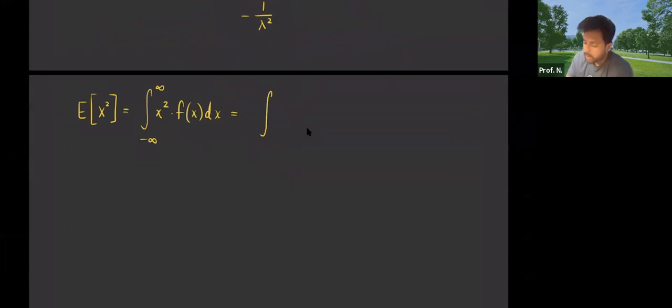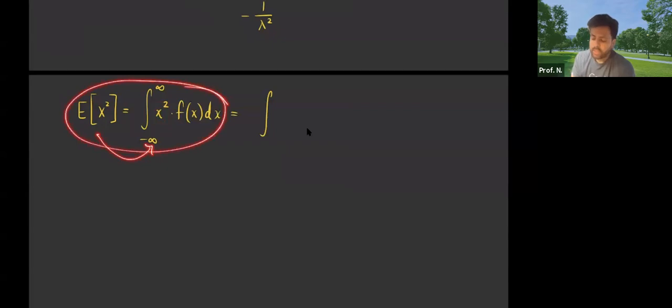Well, there's nothing at negative infinity, right? The way f of x is defined, x has to be greater than or equal to 0. So this is strictly the definition of expected value of any random variable.